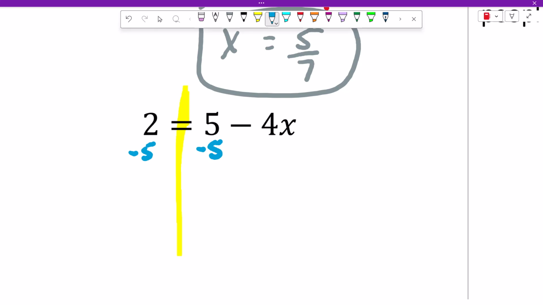So now, these 5s go away because that makes 0. What do we write down on the left side? Left side, we write down 2 minus 5, which is -3. And what do we write down on the right-hand side?